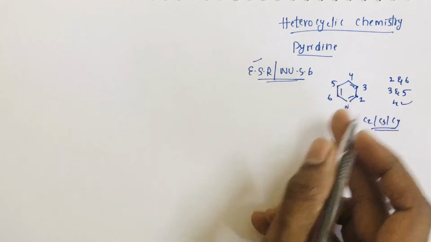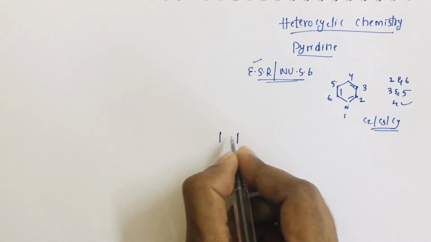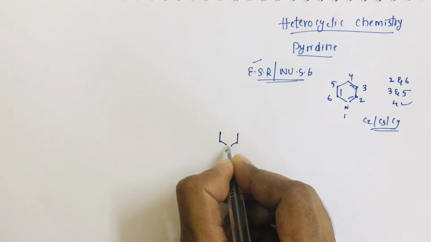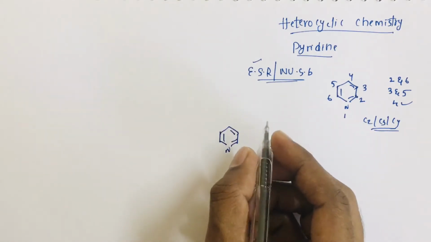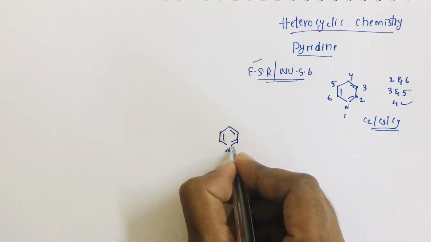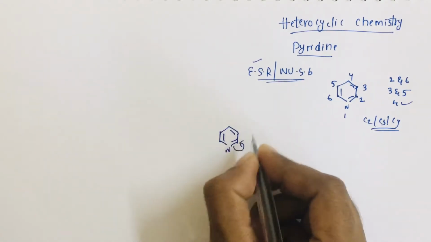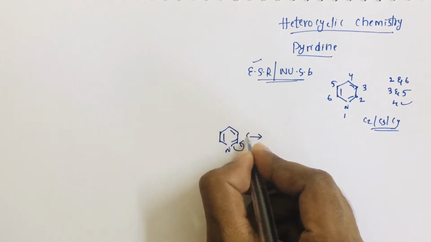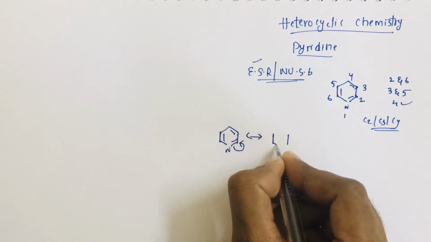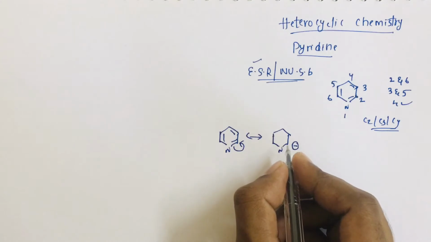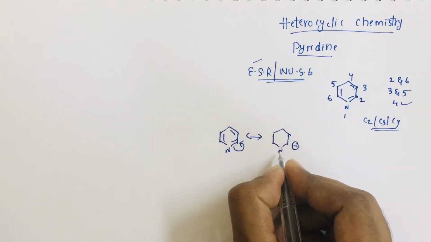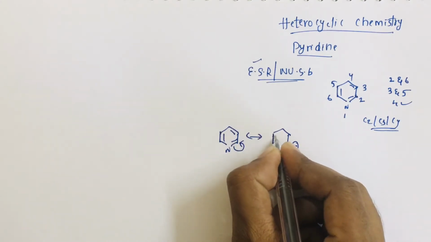When we have the C2 position, imagine that the electrophile attacks the C2 position. In such a case, this bond has to go like this because there should be a negative charge for the electrophile. Here the negative charge is coming, and then here the positive charge comes.